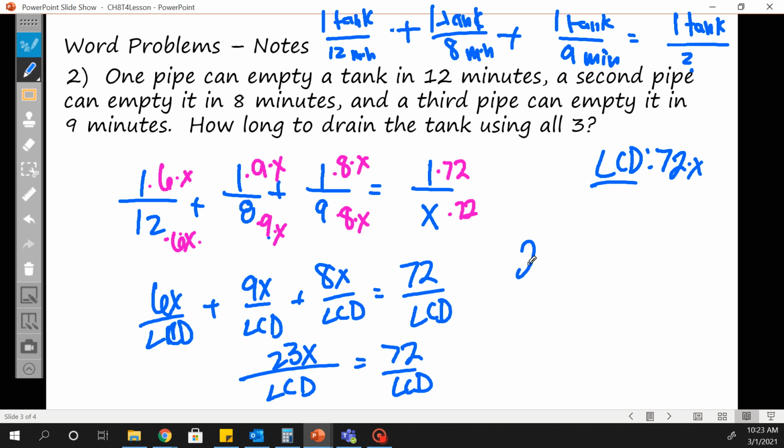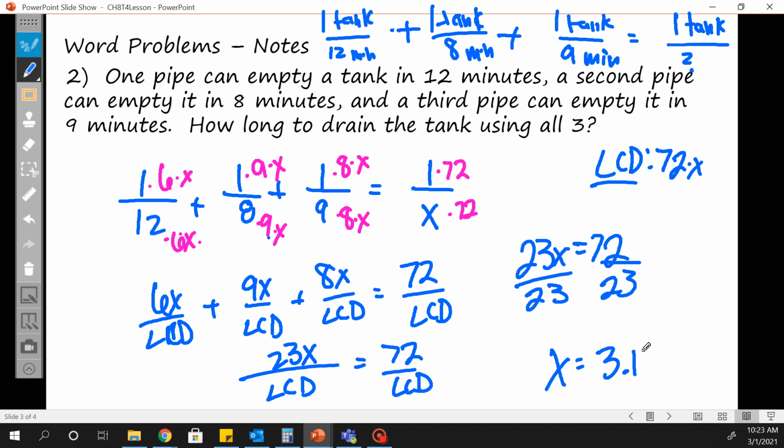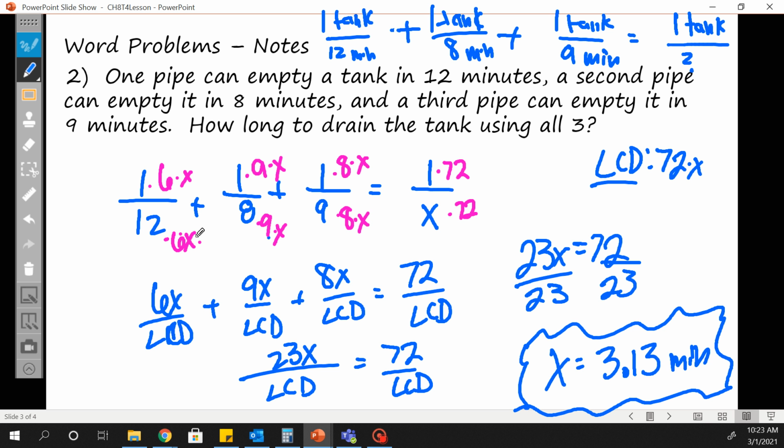LCDs can cancel. We got 23x is equal to 72. Divide by 23. So how long does it take? 72 divided by 23, we got 3.13 minutes to drain a tank using all 3 of these pipes. Not bad.